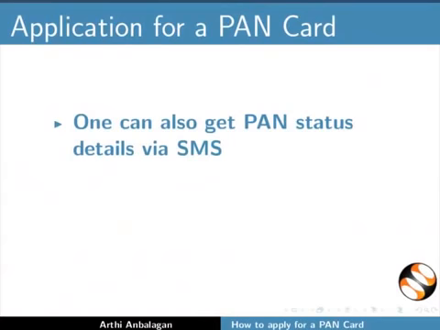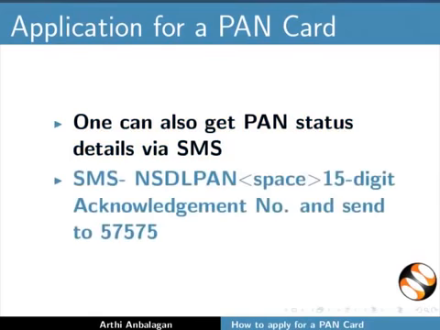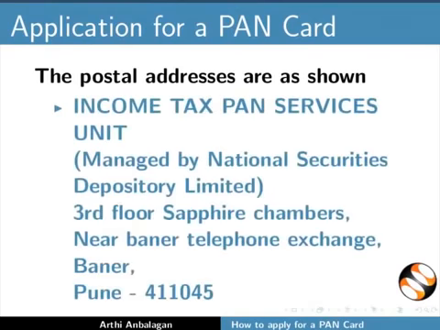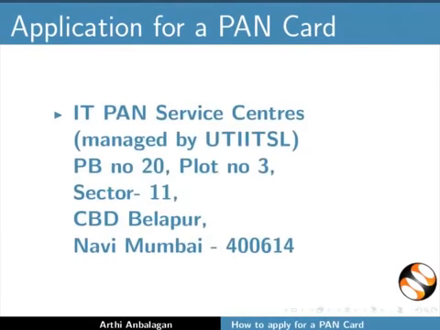One can also get PAN status details via SMS. SMS NSDL PAN space 15-digit acknowledgement number and send to 57575. The postal addresses are as shown. Hope this information was helpful.